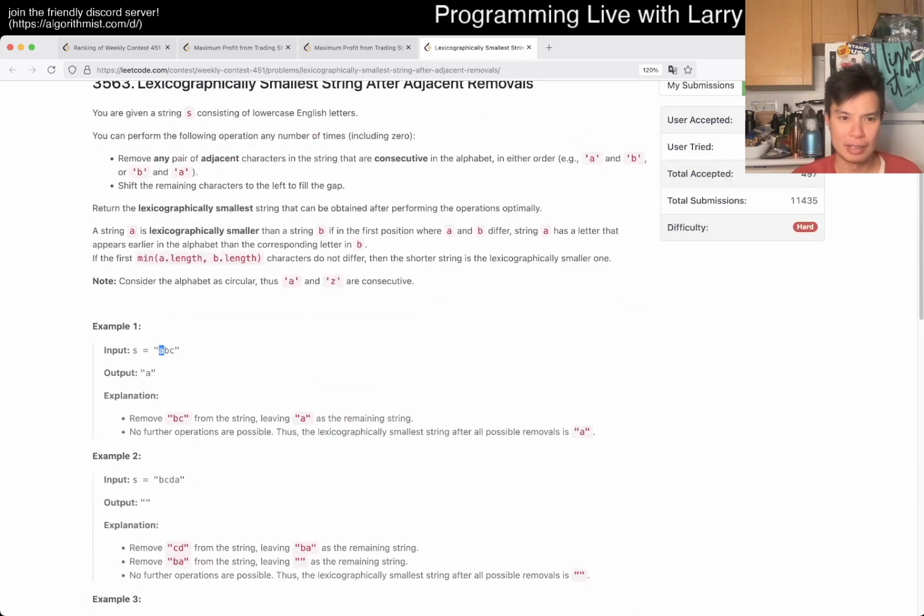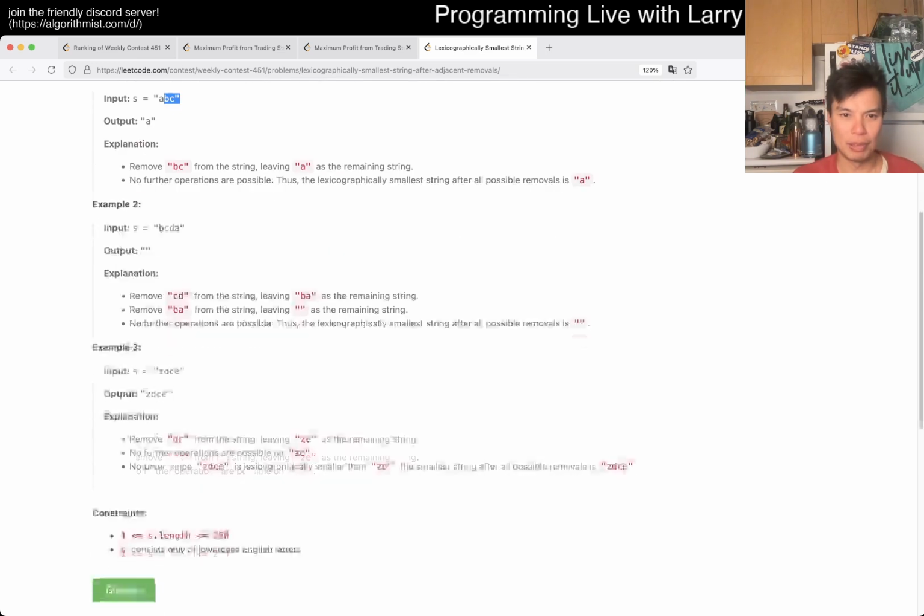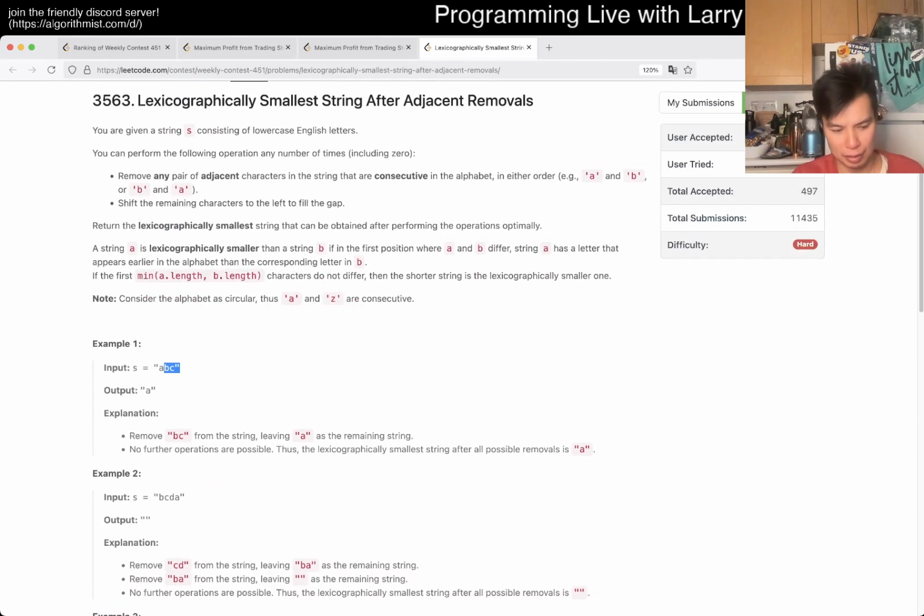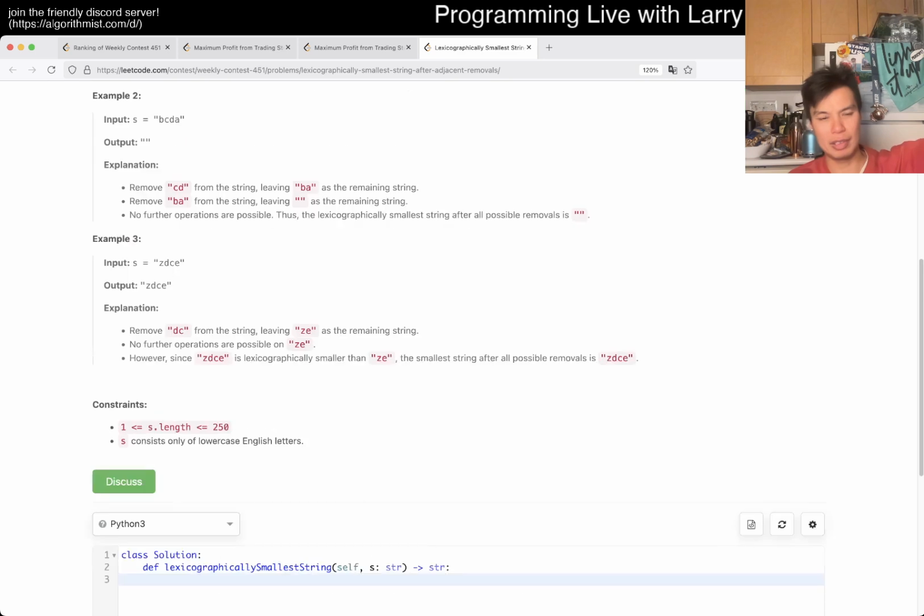So A, can the rest be removed? Or what is the most that can be removed? And then we try. Can we try one character at a time?